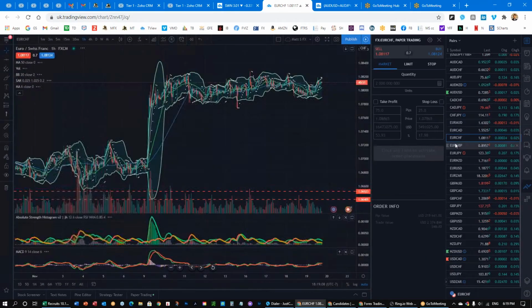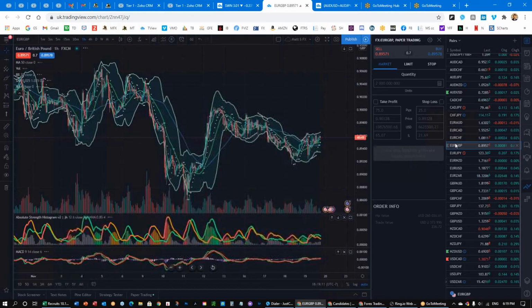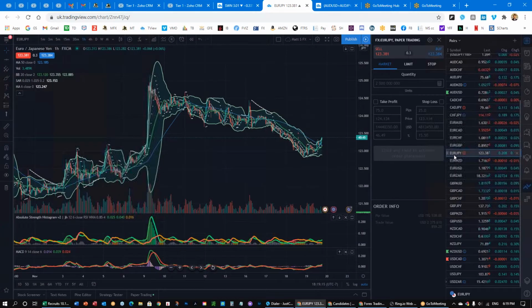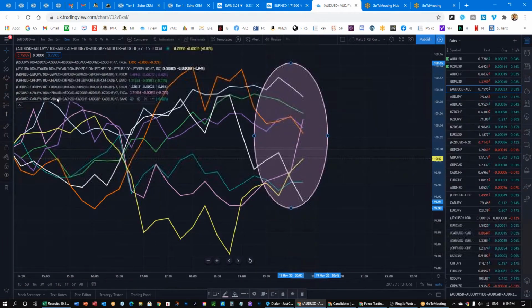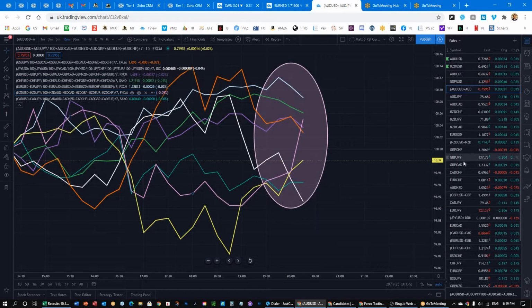As you can see, the Bollinger Bands relative to where they've been in the recent past are pretty close. So it looks like the euro is one that is breaking out. That's this one, but I like what I see the Kiwi doing. So let's look at the Kiwi pairs.